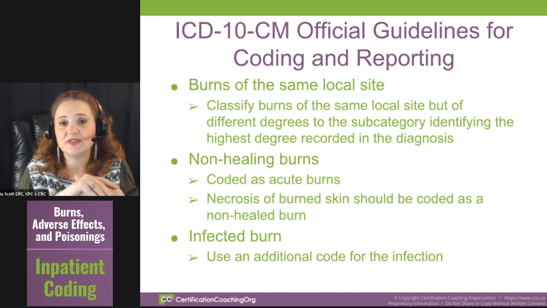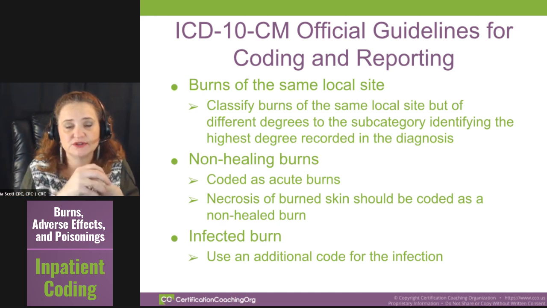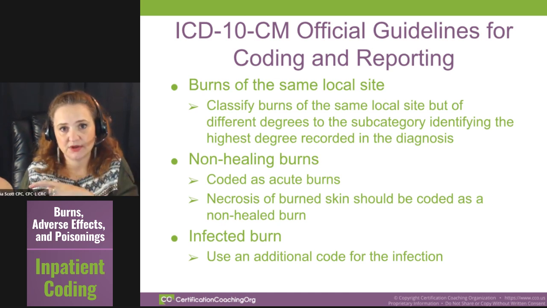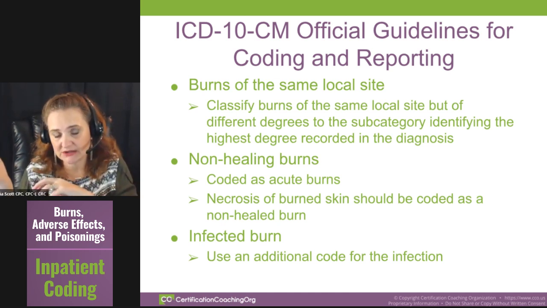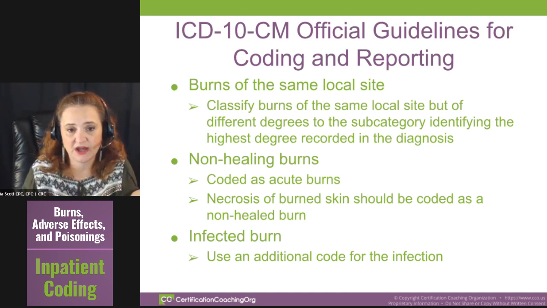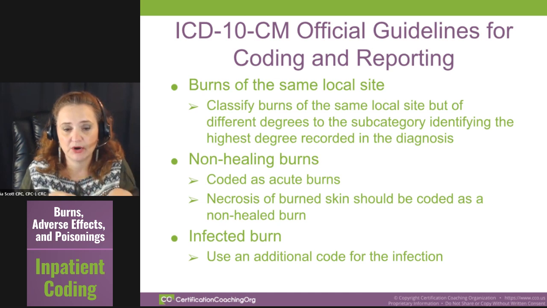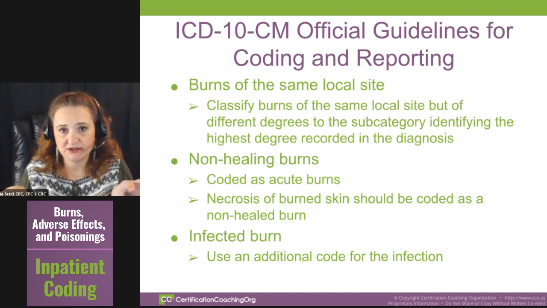In addition, another thing that's very problematic and very common is infection, infected burn. Then you're going to use an additional code to identify the infection, but that's an additional code. Okay, so that means that's not going to be sequenced first. So we have to identify that we have a burn, we have a non-healing burn, and that there's infection involved.